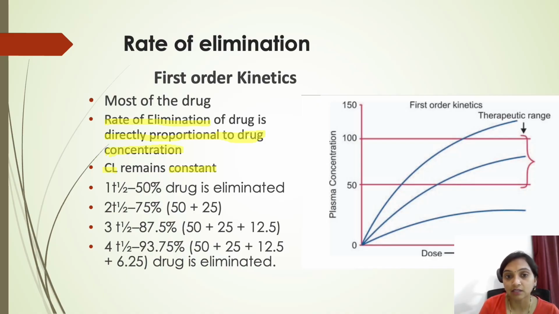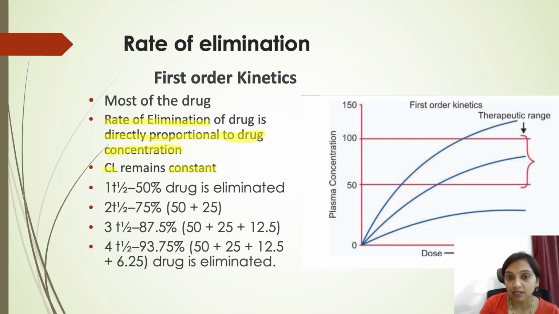That is what we mean by rate of elimination being directly proportional to the drug concentration. So in unit time, the amount of drug which is excreted will depend also on the plasma concentration. So clearance remains constant, say 50%. 50% of the drug is eliminated, so clearance is constant.